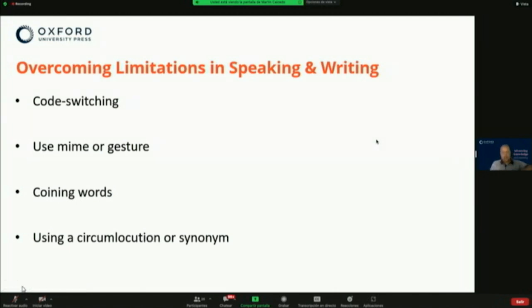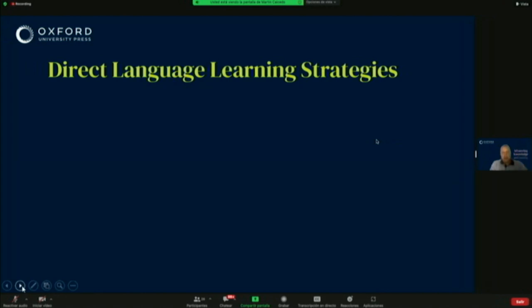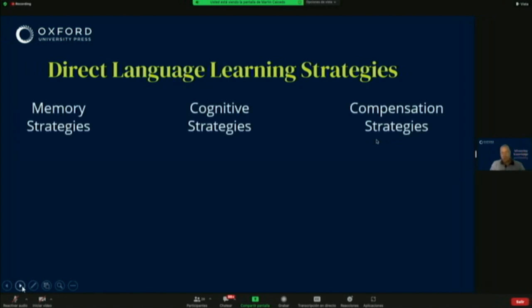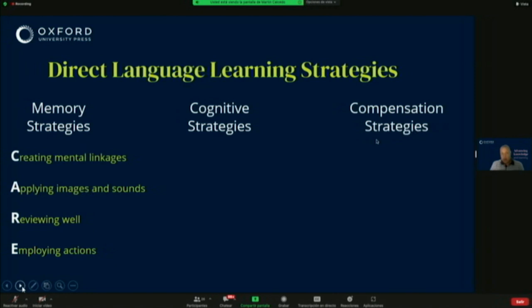Now, let's just briefly summarize. Direct language learning strategies are divided into three big categories, which are memory strategies, cognitive strategies, and compensation strategies.